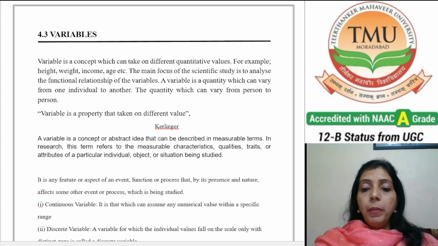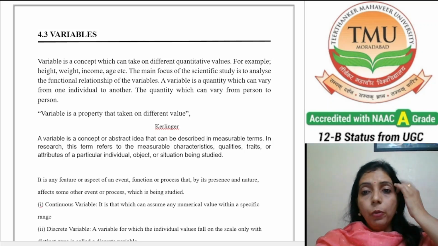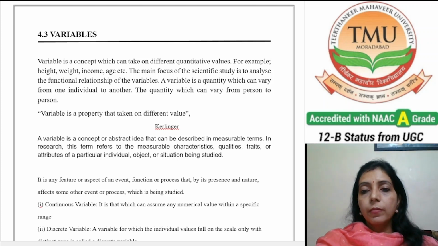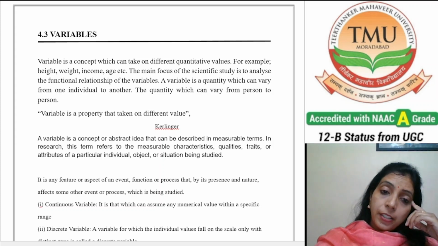They differ in many respects, like the role they are given in our research work, in the type of measures that can be applied to them. By itself, the statement of the problem usually provides only general direction for the research study.